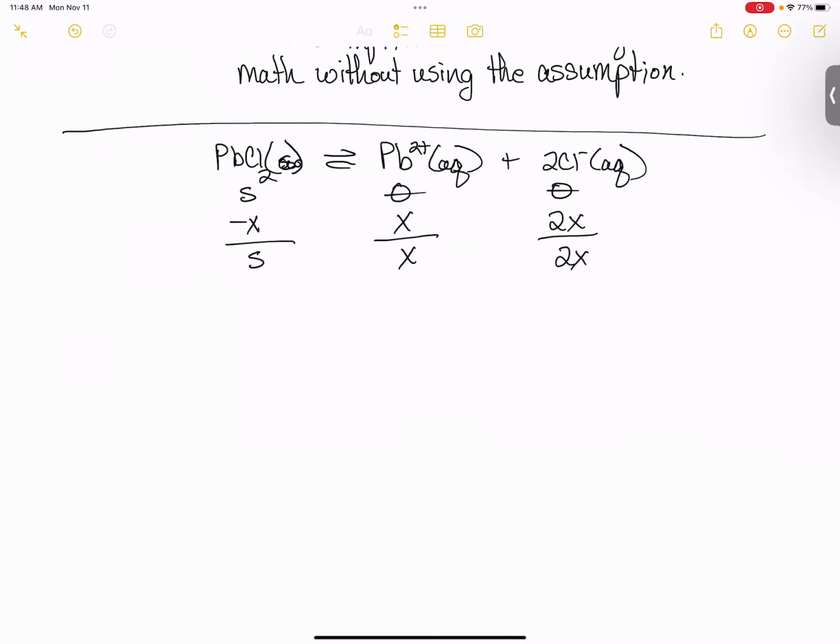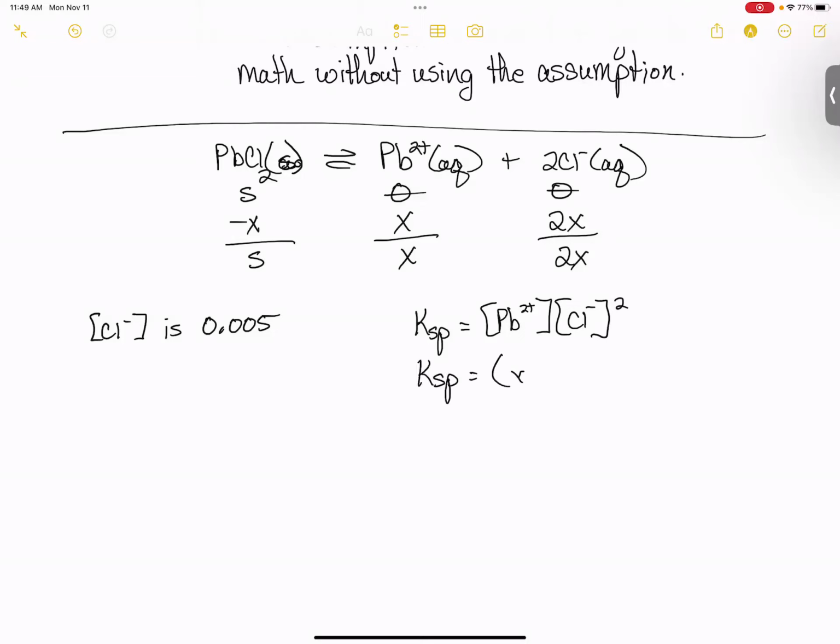It says then in one of the next problems that the chloride concentration is, and it gives you a value, but let's say it's 0.005. If you look at the KSP expression, it is the lead concentration times the chloride concentration squared, where the KSP is equal to X times 2X squared.